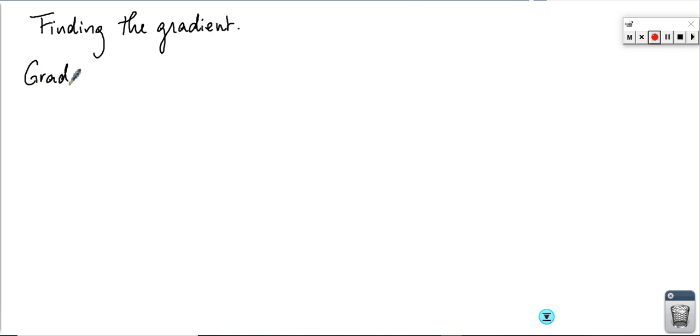Now, we need to know how to find the gradient. So, finding the gradient. By definition, gradient is defined as difference in y divided by difference in x.